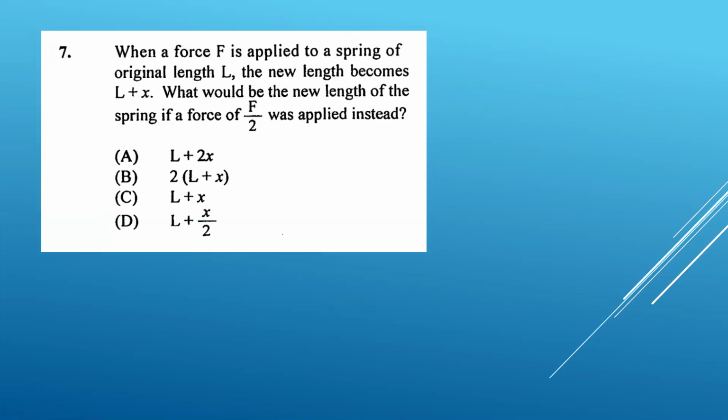All right, number 7. When a force is applied to a spring of original length L, the new length becomes L plus x. What would be the new length of the spring if a force of F divided by 2 was applied? So that's half of the original force that was applied before.